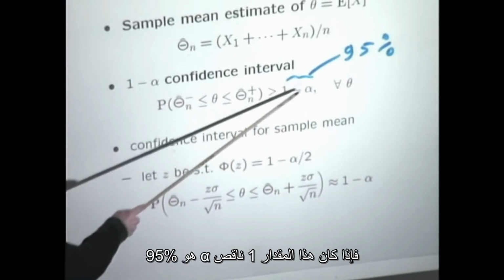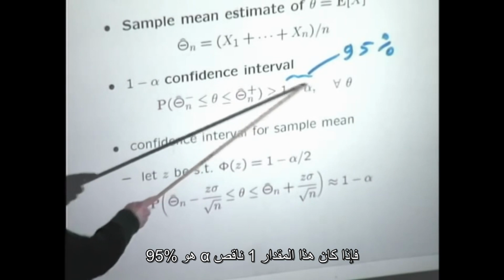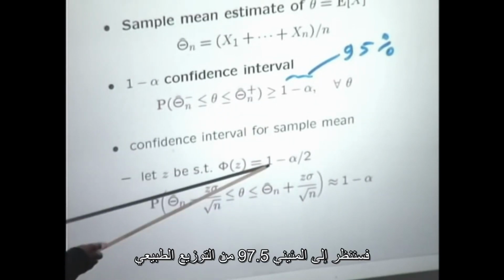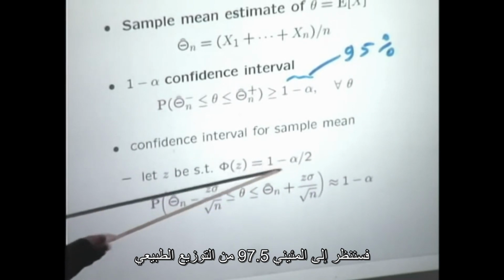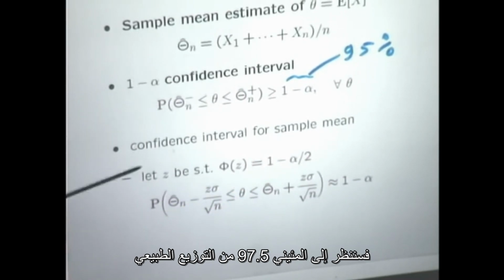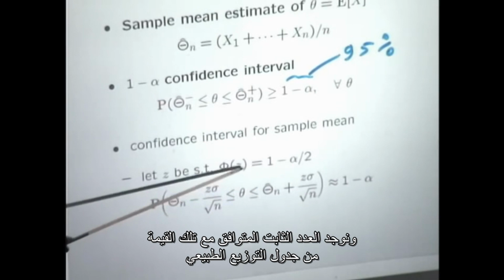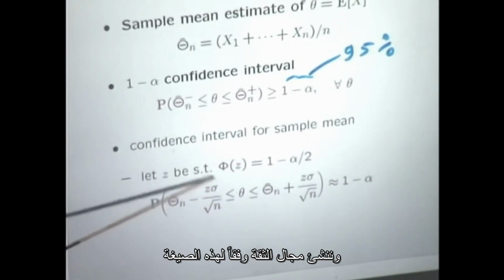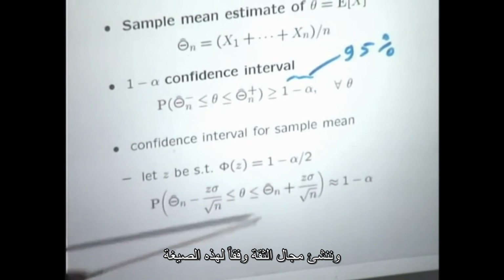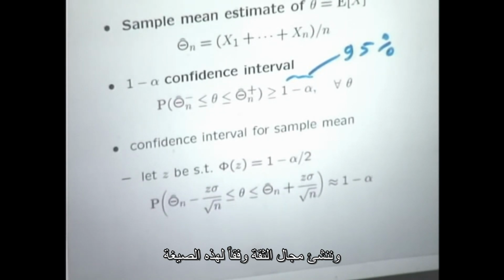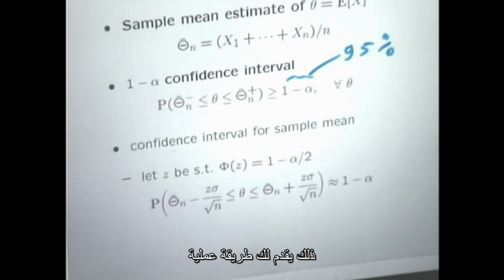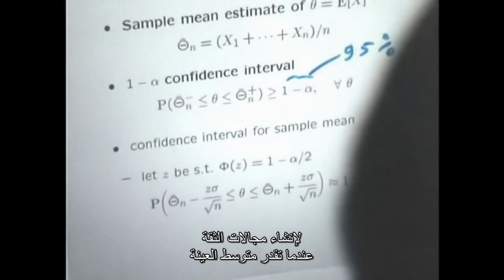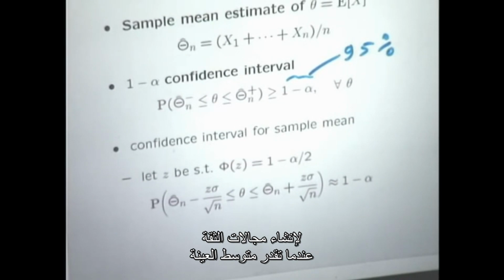So if this quantity 1 minus alpha is 95%, we're going to look at the 97.5 percentile of the normal distribution, find the constant number that corresponds to that value from the normal tables, and construct the confidence interval according to this formula. So that gives you a pretty mechanical way of going about constructing confidence intervals when you're estimating the sample mean.